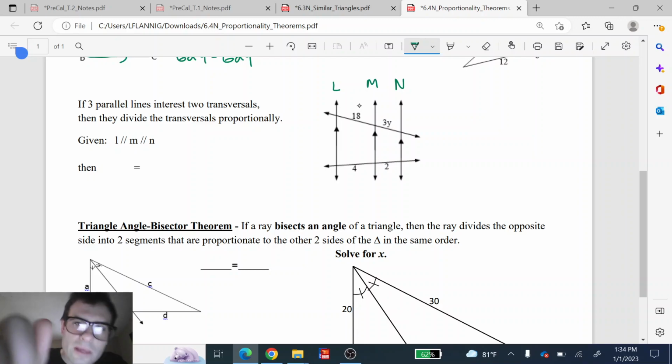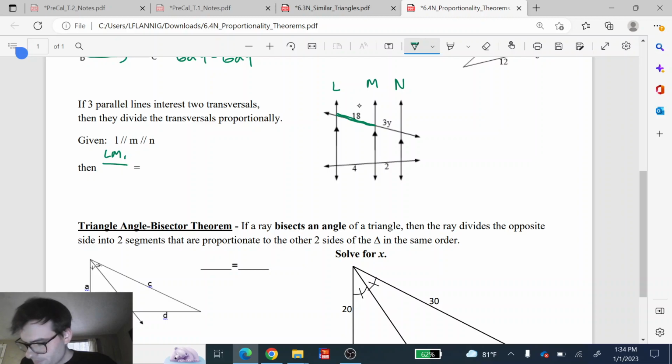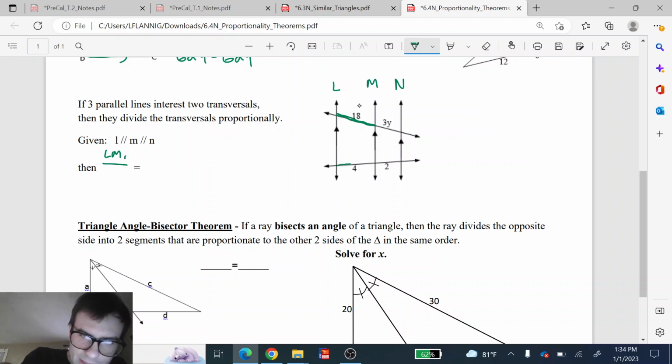We know that this line right here in green, 18, we'll call that LM1, should be divided by this 4 right here, and that is LM2.